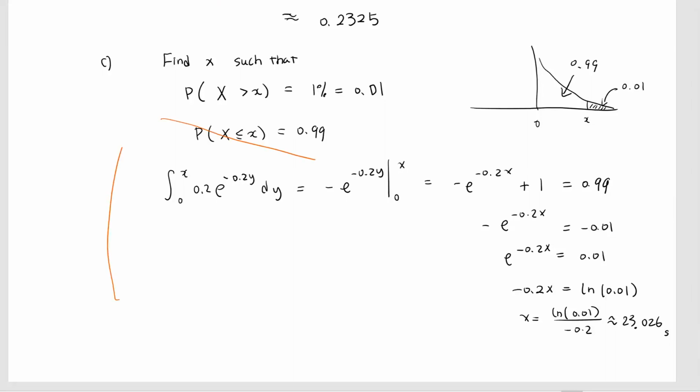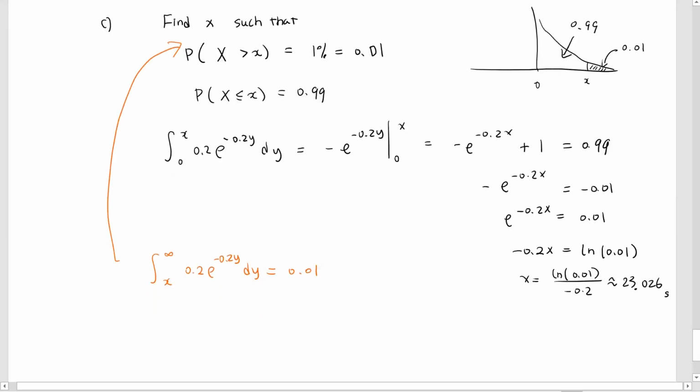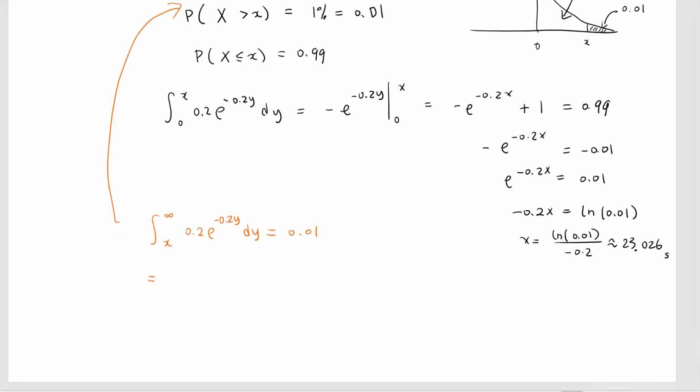Sometimes students will say, I don't want to look at this, I can just use the right tail. If we use that, then we have the integral from x to infinity of 0.2 e to the minus 0.2y dy equals 0.01. That's the area on the right-hand side of x. When you integrate, you get minus e to the minus 0.2y evaluated from x to infinity.